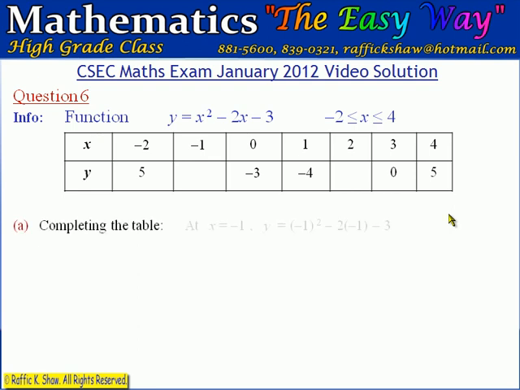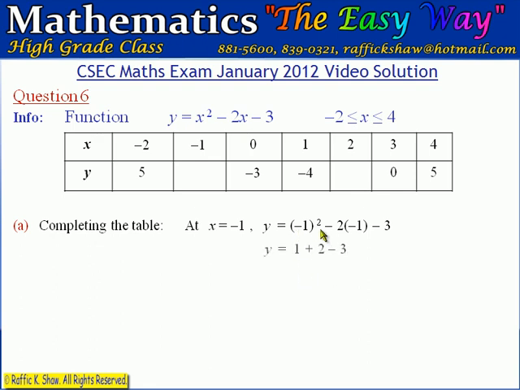Now we are copying and completing the table. And as I said, at x equals -1 for this cell, we substitute the -1 in this function equation. So it becomes -1 squared minus 2 times -1 minus 3.